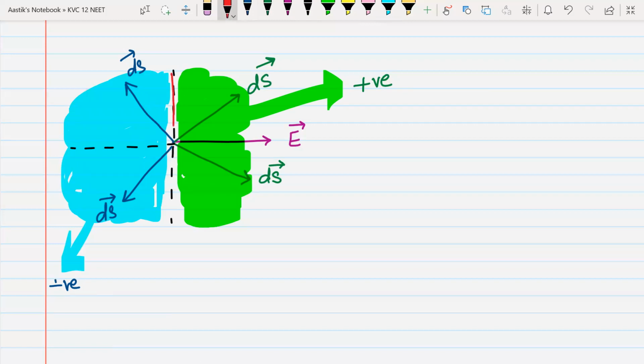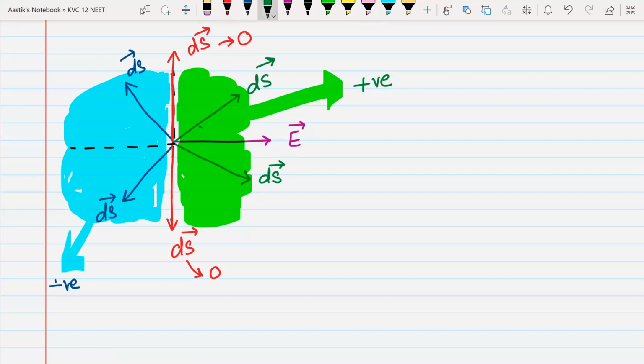If your area vector goes like this, red zone here or red zone here, then in both the cases, your flux would be zero. Do we understand this? Yes, sir.